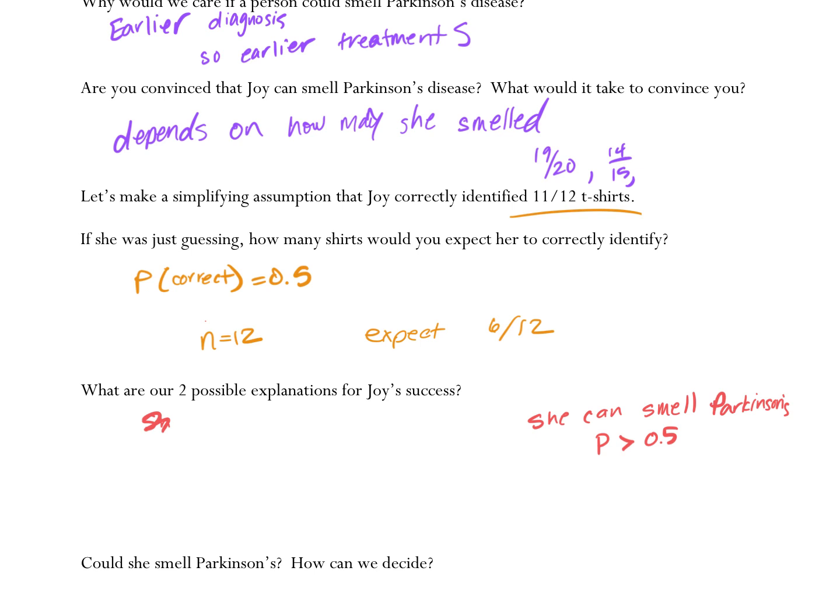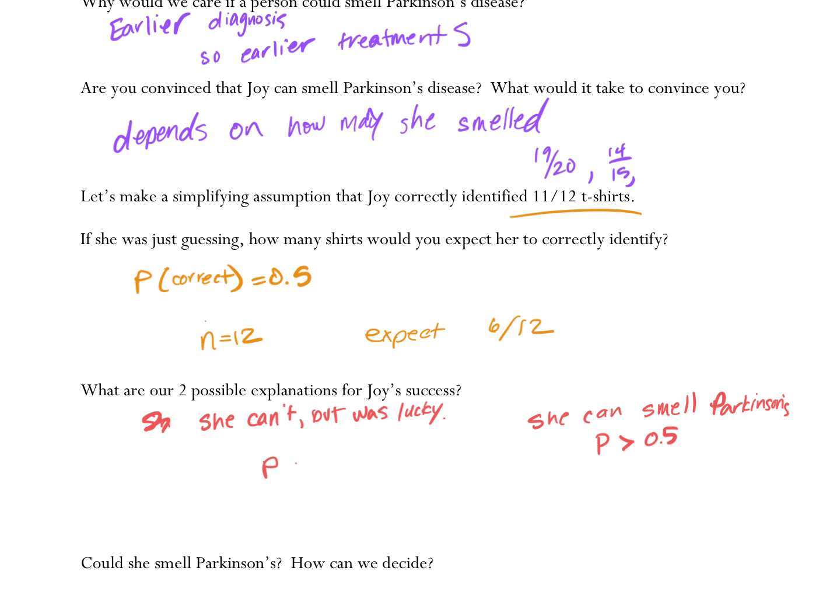Wait a minute. What's the other explanation? She can't, but was lucky. What would that mean about her actual success rate?